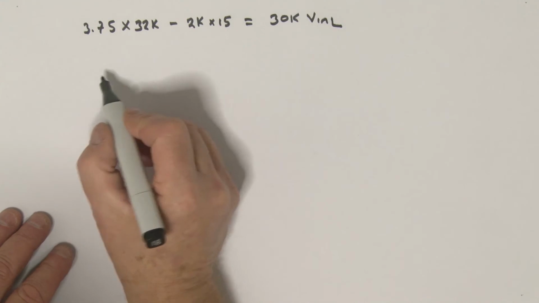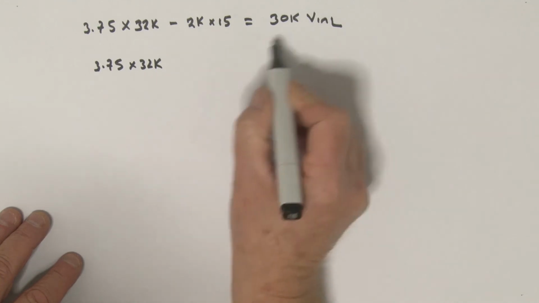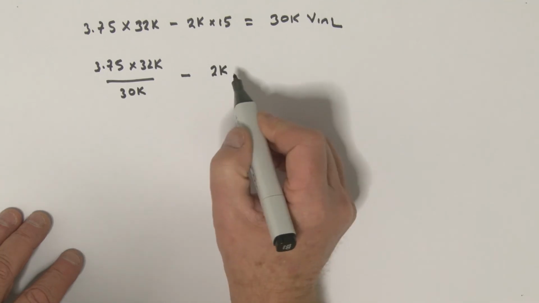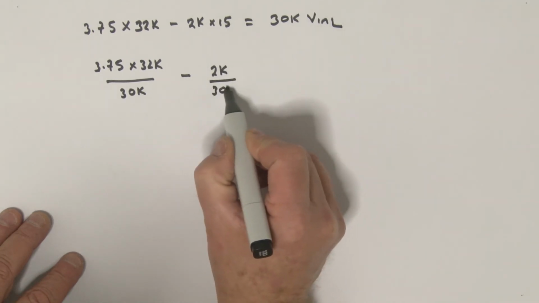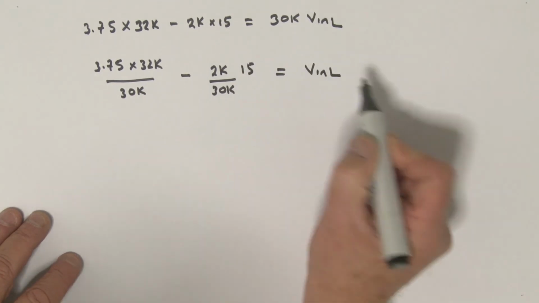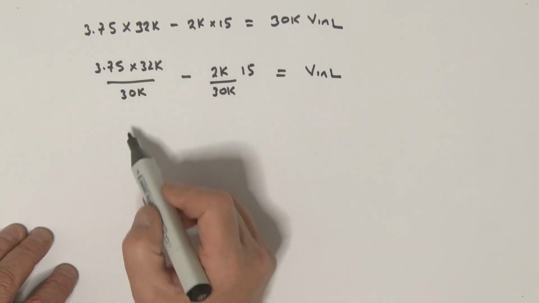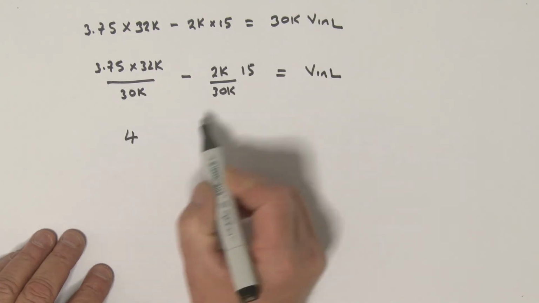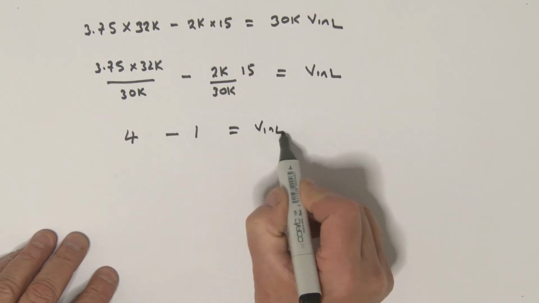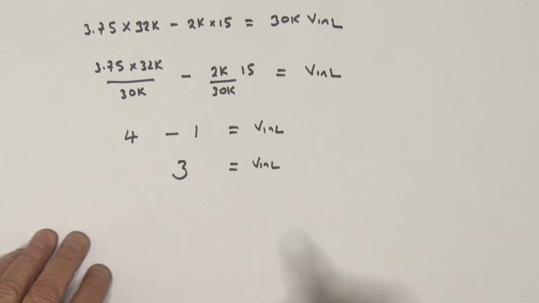All right, so we've got 3.75 multiplied by 32K divided by 30K minus 2K divided by 30K times 15 is equal to V in L. This term here, as we evaluated before, was simply equal to 4. This term is 1, so that's a minus 1, and that's equal to V in L. So V in L is really what? It's equal to 3 volts.